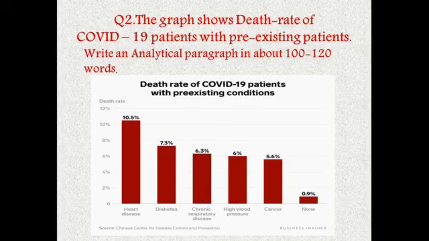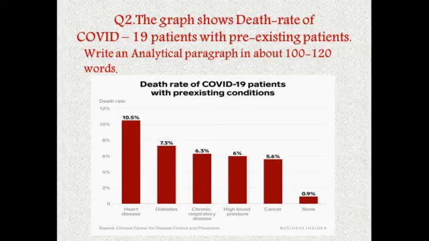Now there are some pre-existing conditions here. We see that among people who were suffering from heart disease, 10.5% died out of the total people who died due to COVID-19. 7.3% was the death rate of diabetic people. For chronic respiratory disease, the death rate was 6.3%.